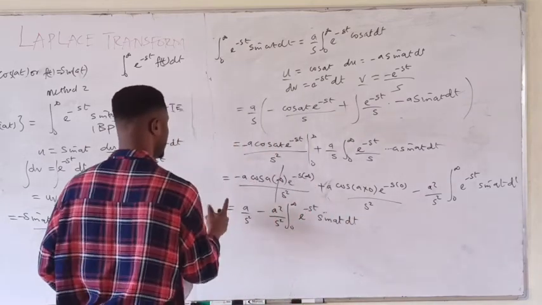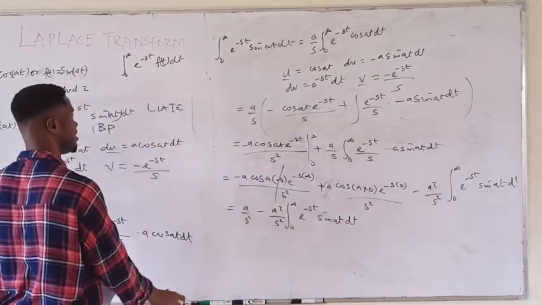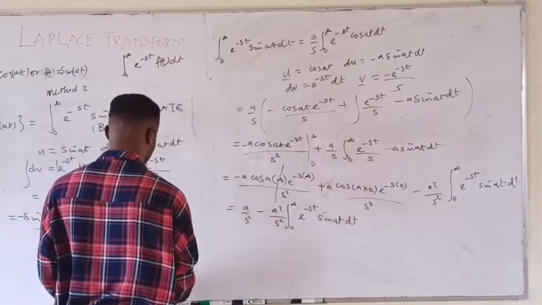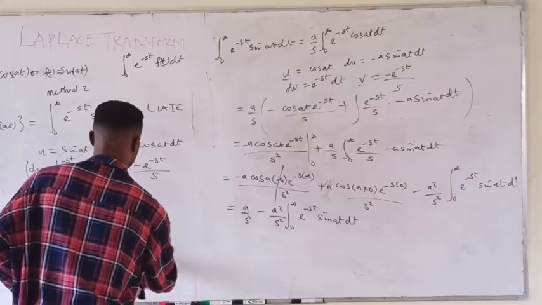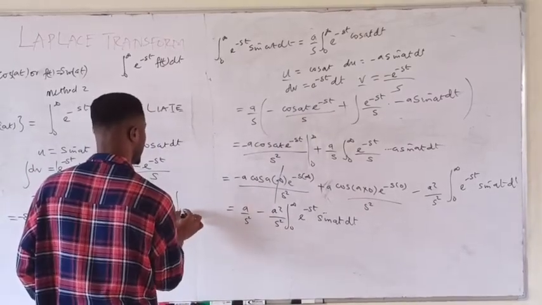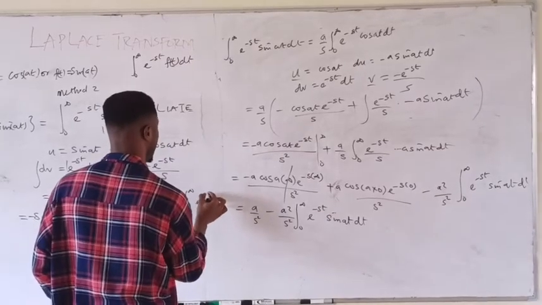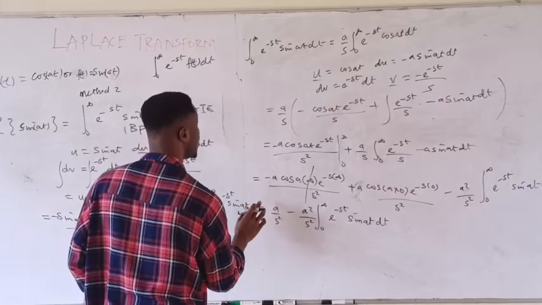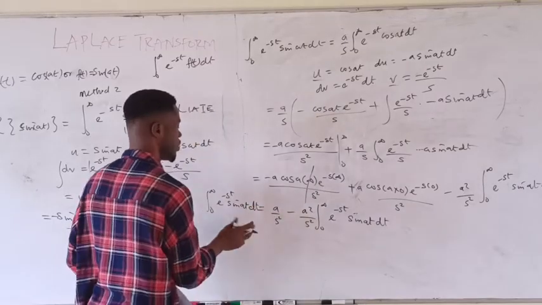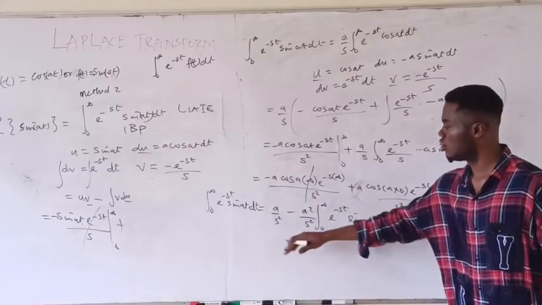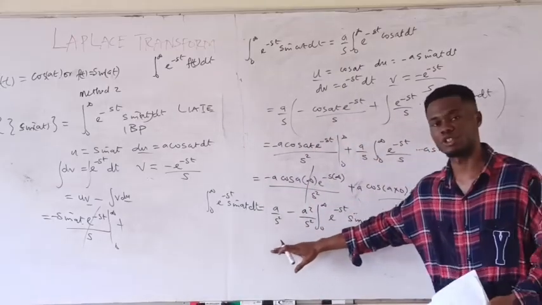But remember that the original integral was this integral, that is the integral of 0 to infinity of exponential of minus st sine at dt. Okay, recall that this was the original integral, and when we kept on integrating, we arrived at this function, right?